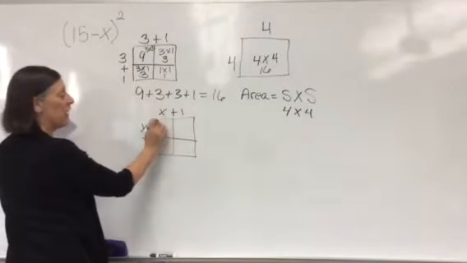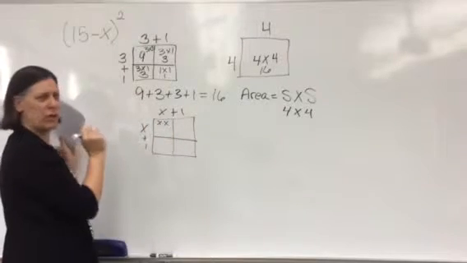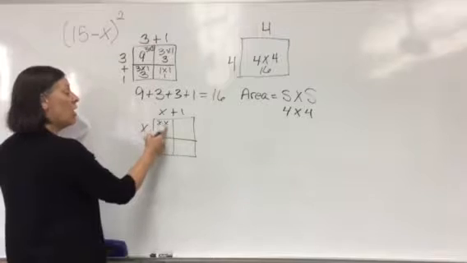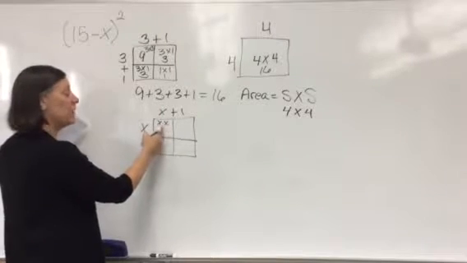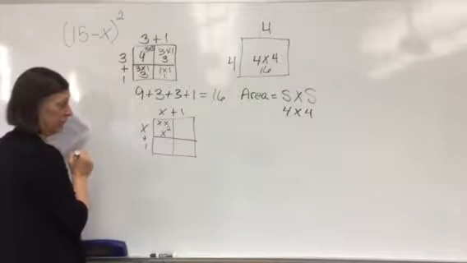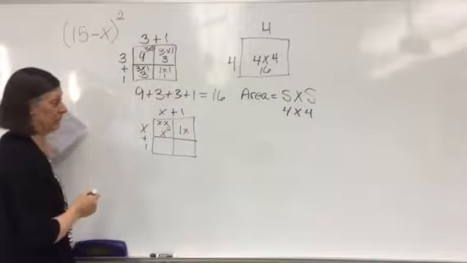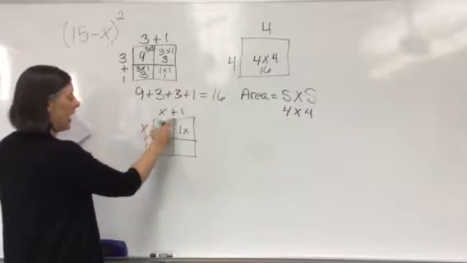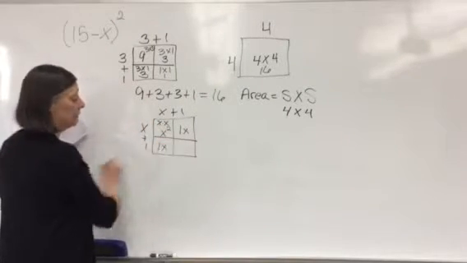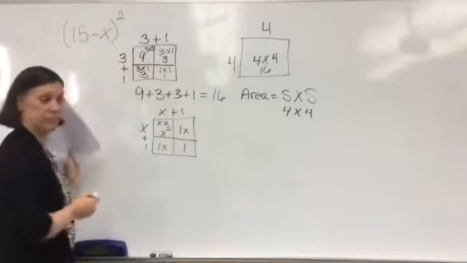This chunk is a length of x, a width of x, so x times x. I'll use a dot rather than another x symbol. We have a convention where we say x times x can be written as x to the second power. Over here we have 1 times x, or 1x. In this section again, x times 1, or 1x. And finally, 1 times 1, or 1.